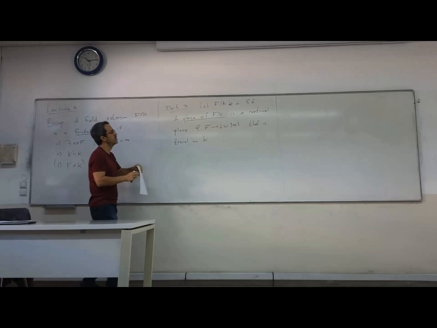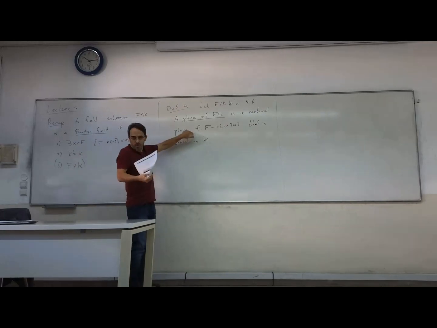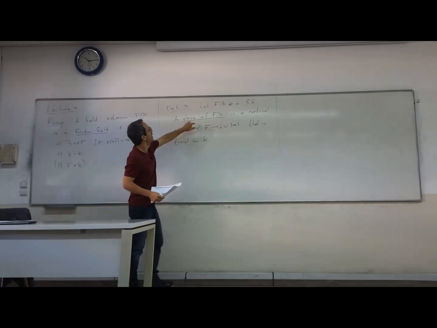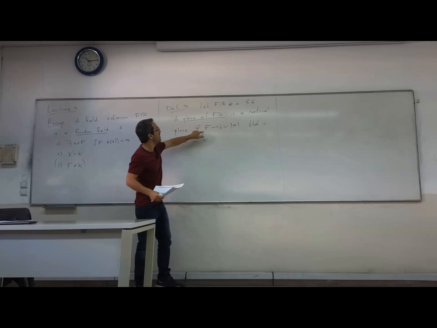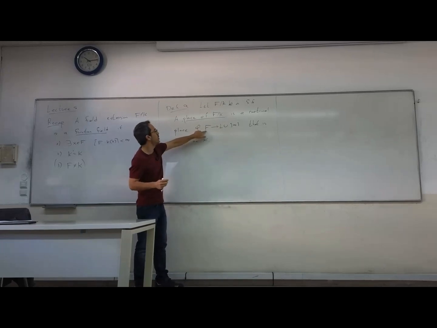Right, so places should be points, and a place of F over K is a place of F, but I want it to be non-trivial. So in my mind, I'm thinking of saying that there is at least one function in F that has a pole at that point.